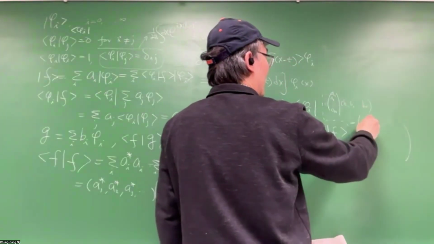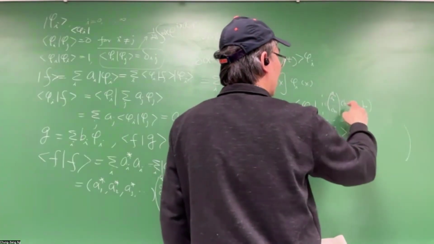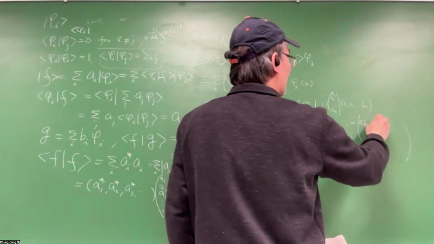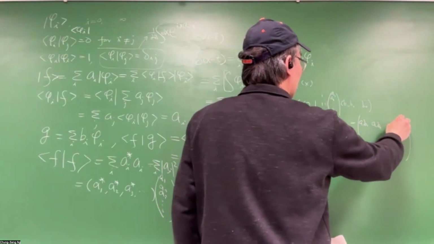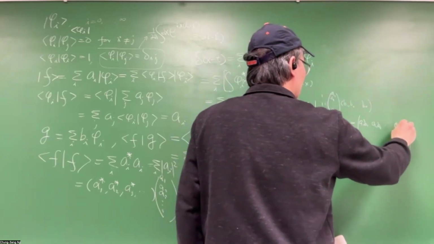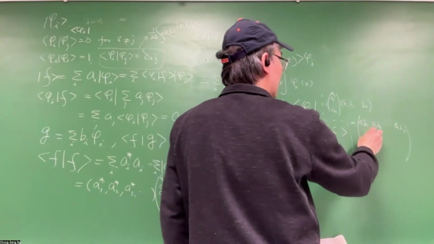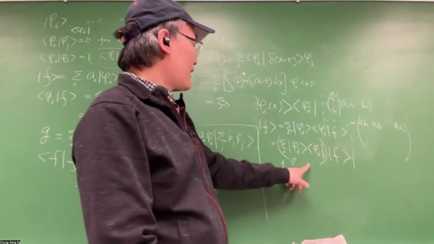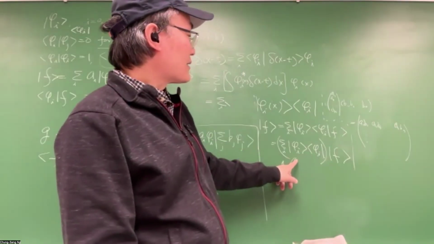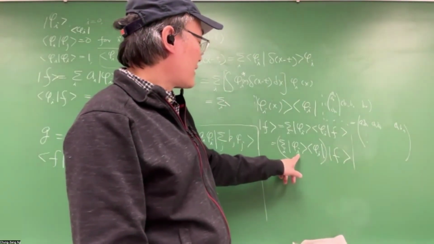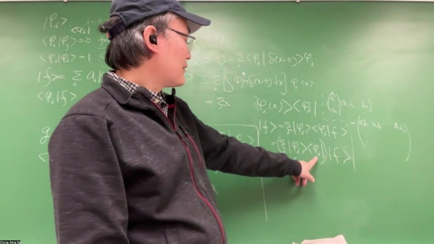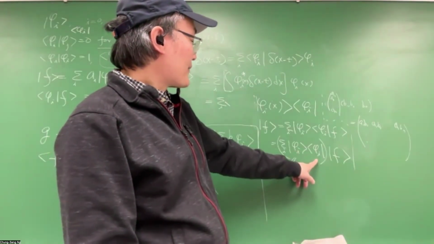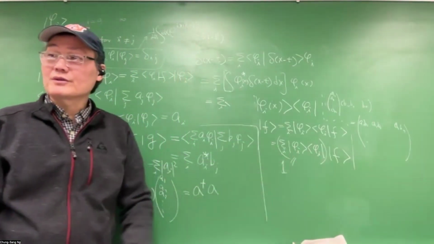So the first one is a1, b1, b2, and so on, right? This actually is a matrix. You treat it like that, and in this case, because both are the same basis function, that becomes the identity matrix.